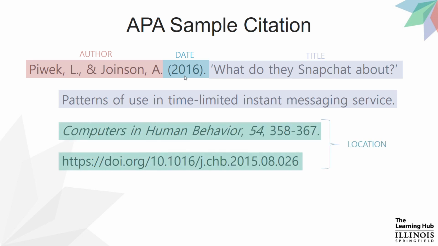And then the rest of this all encompasses location information. So you can notice that it's all pretty much similar, but it's all lumped into location. And we don't list the database name here because APA does not ask for database names. They don't care about the secondary container stuff unless it's a very specific circumstance, and in this case it really wasn't meeting the requirements for that.